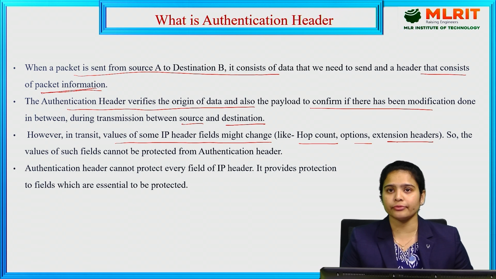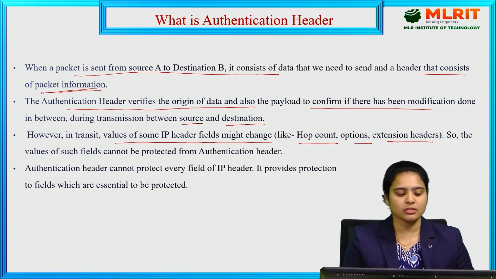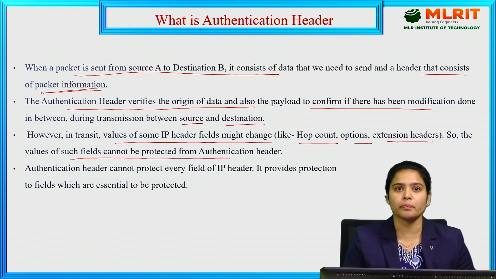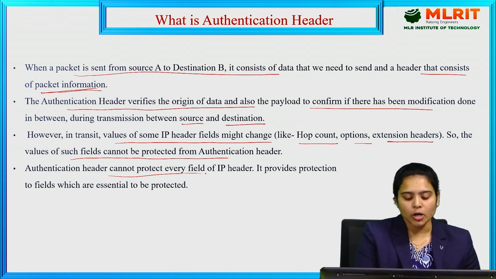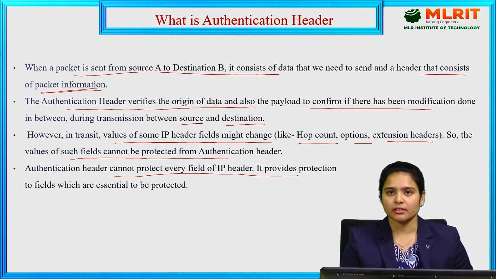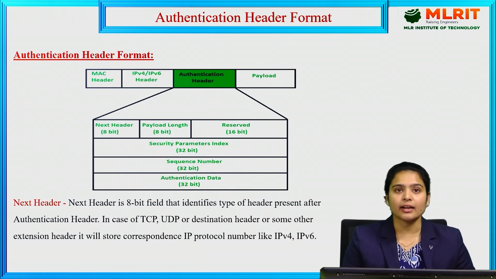Hop count means there will be some count inside the packet information, known as hop count, and also the number of options and extension headers. Some of these fields cannot be protected by the authentication header, so it cannot protect every field of the IP header. Let us see what is the format of the authentication header.